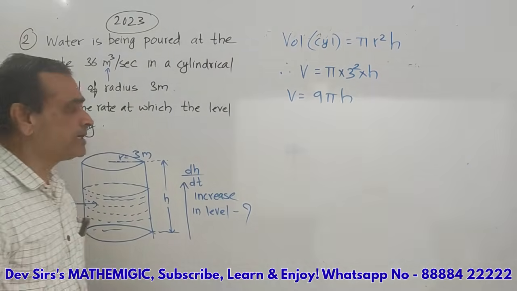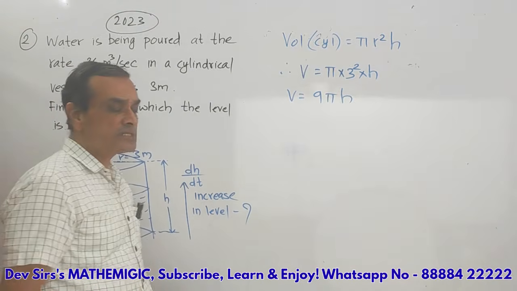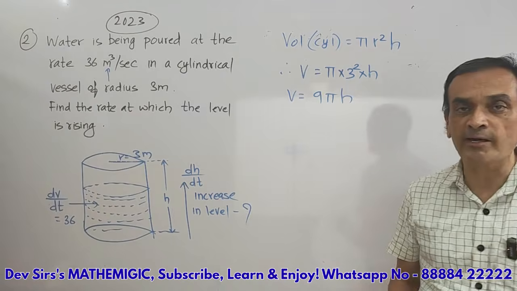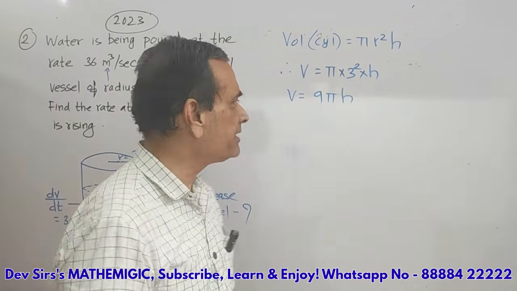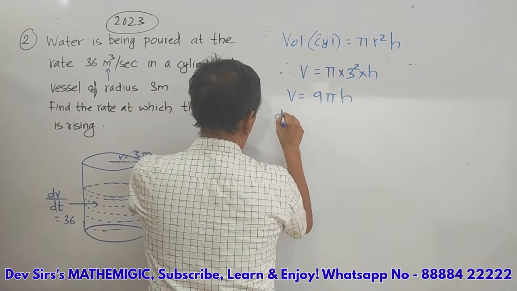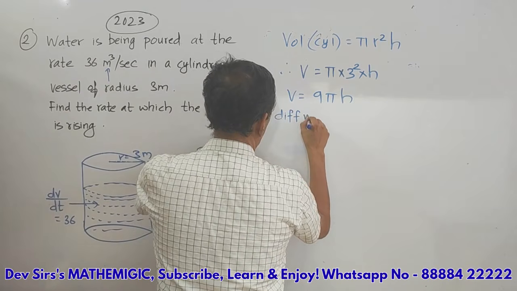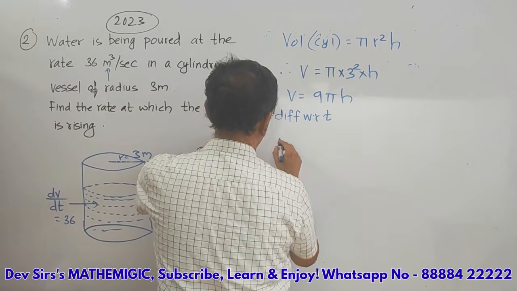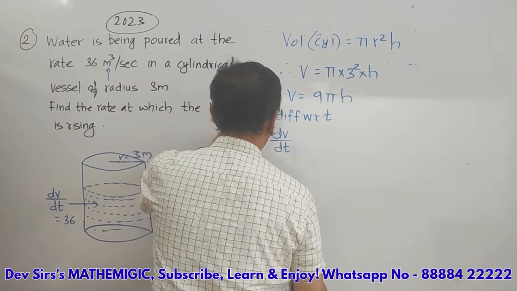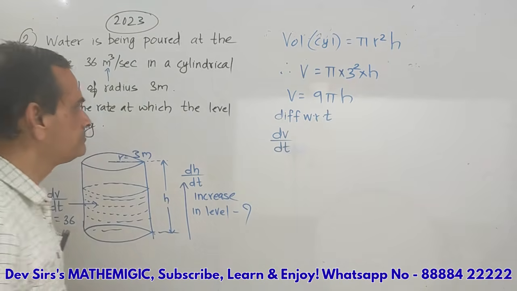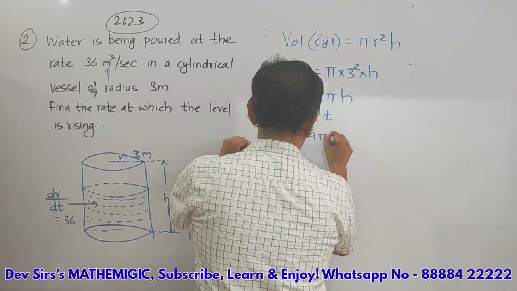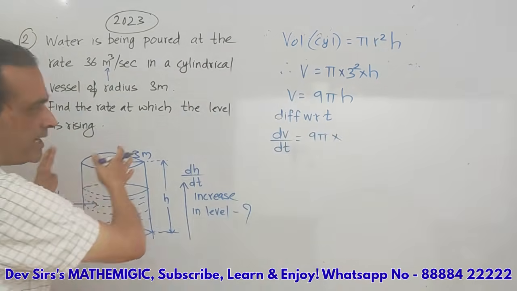But यहाँ पे खत्म नहीं होता. Rate of change means in all the rate of change problems you have to differentiate with respect to t. That will give you the rate of change. So automatically dv by dt आ गया. 9 pi constant बाजू को रखो.